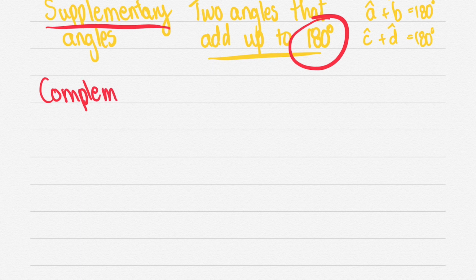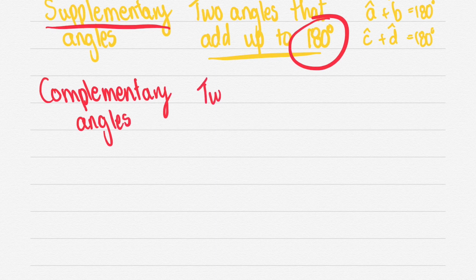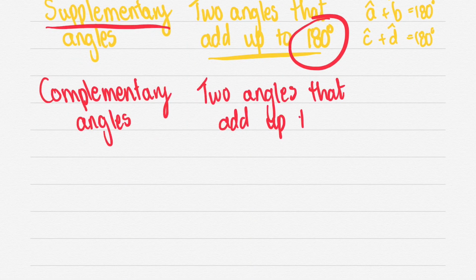Now we have the complementary angles, and the complementary angles also have a value that they add up to make. So these are two angles that add up to a value of 90 degrees.